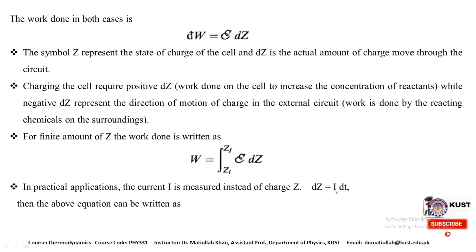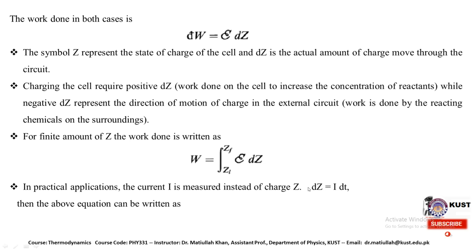I, or the current, is equal to dz divided by dt. This means the amount of charge moving through a conductor per unit time. So if we do the cross multiplication, what happens? The dz will become equal to I dt.